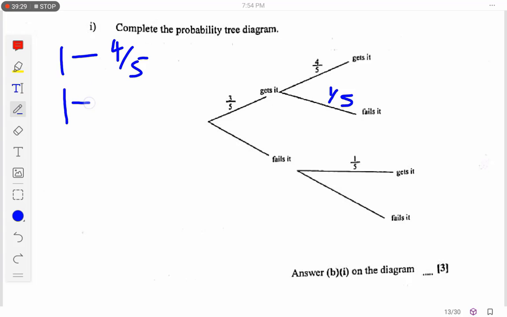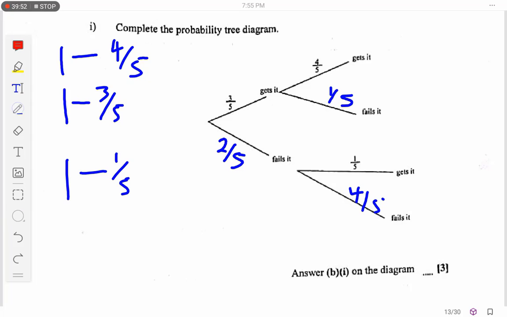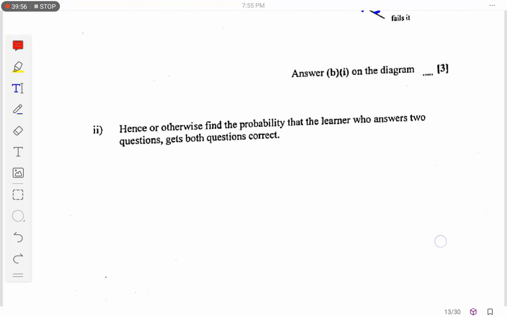So I can say 1 minus 3/5, so I'll get here a 2/5. Then the last part is this one, where we can say 1 minus 1/5. I can use the total probability formula and find everything there. So this is going to be 4/5 there. We have completed the tree diagram. Let's move on to the next question.